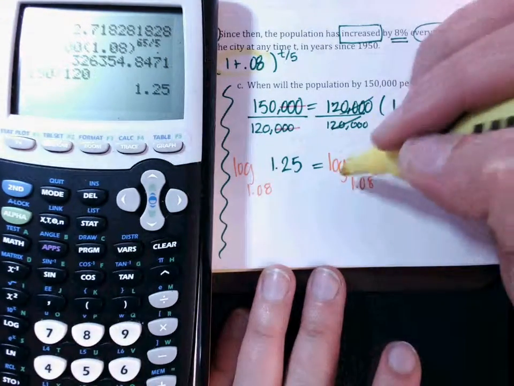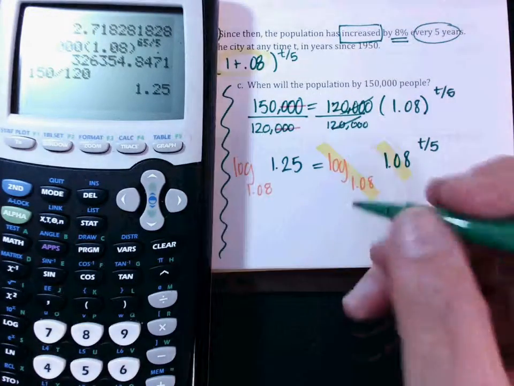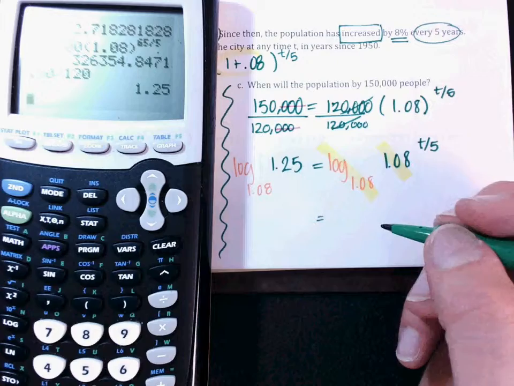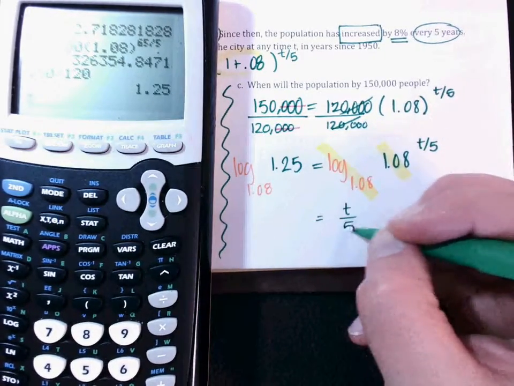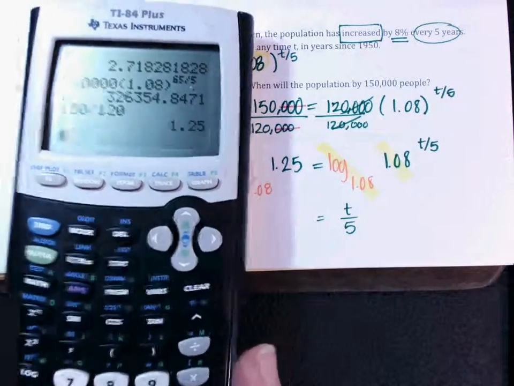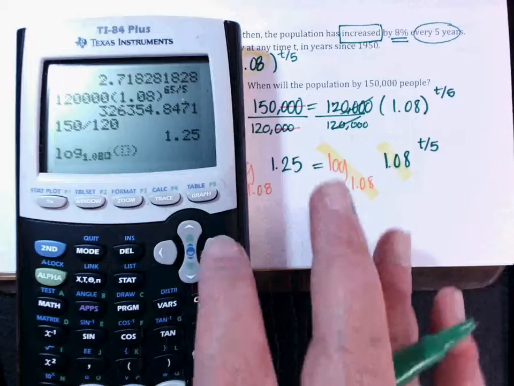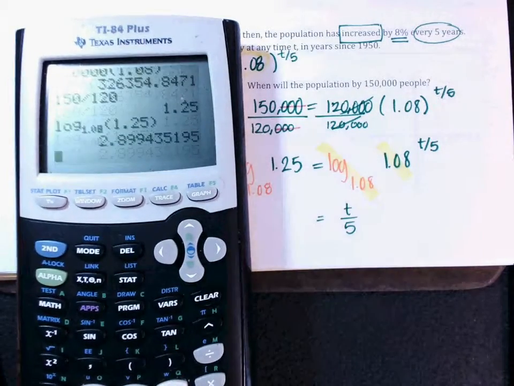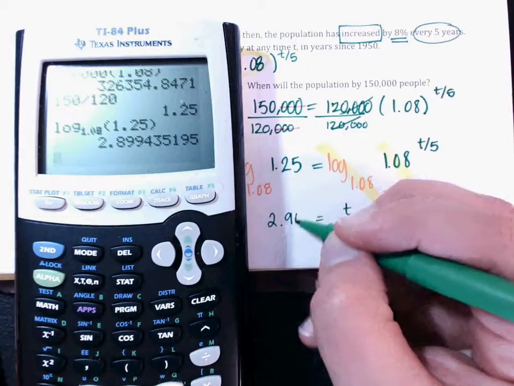So these are gone. Then I have t over 5 equals... in my calculator, I'm doing alpha window 5, 1.08, 1.25. 2.899 is going to round to 2.90.